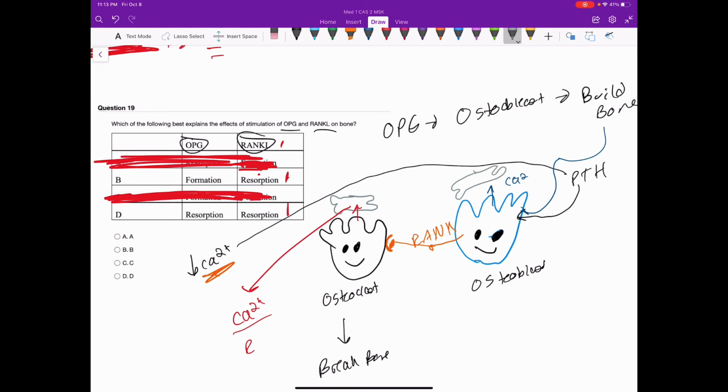I'm going to do formation of bone. I'm putting the calcium into a bone, so that's formation. And resorption is taking calcium away from a bone. So that's osteoclast on RANKL. So this is your only option. Resorption from osteoprogenitor cells will never be the case because the only things that resorb calcium are osteoclasts.